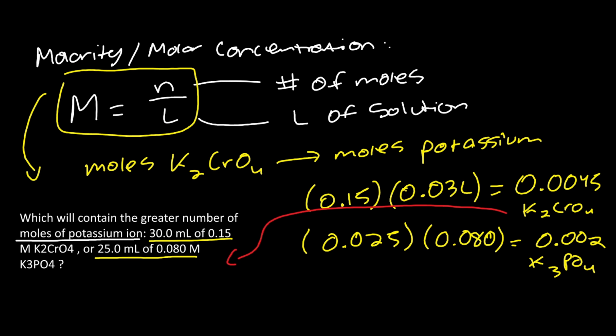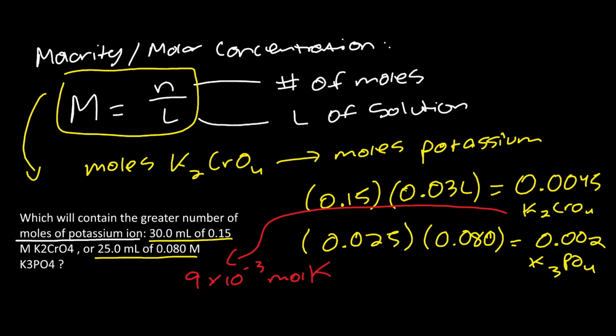So we multiply by 2 over 1. 0.0045 multiplied by 2 gives us 9 times 10 to the negative third moles of potassium in our first solution.